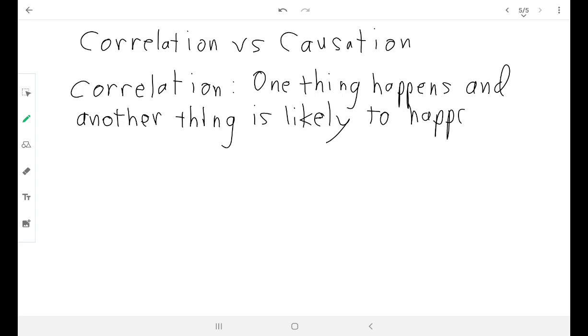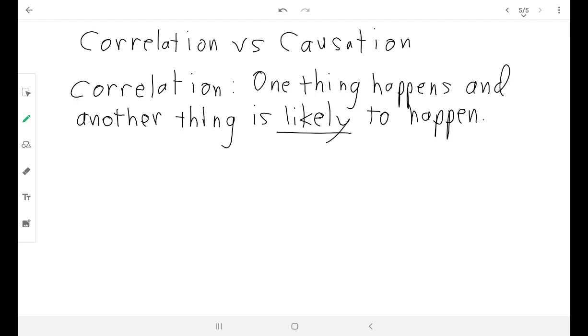And I am going to underline the word likely to happen, because correlation does not mean that because this thing happened, this thing automatically happens. Instead, it means, hey, I noticed that every time, not every time, but most of the time when this one thing happens, another thing happens. Okay?